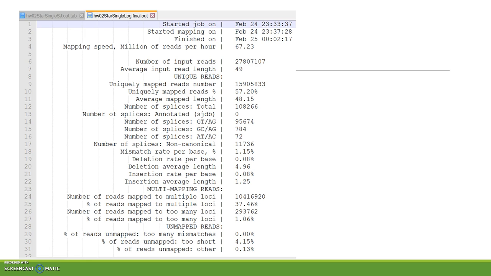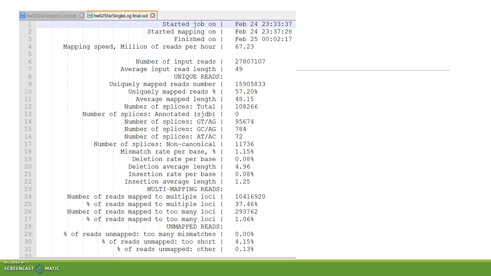And for the average mapped length, sometimes it can be very different from the average input read length if the reads have a lot of bad quality or missing bases. However, in this file we can see it's really similar to the average input read length, so we should not worry too much about the quality of the reads.